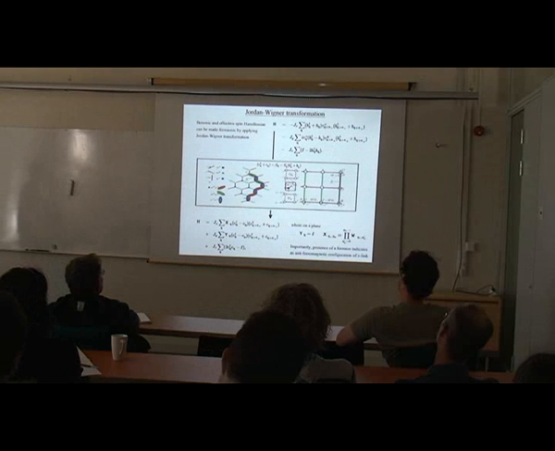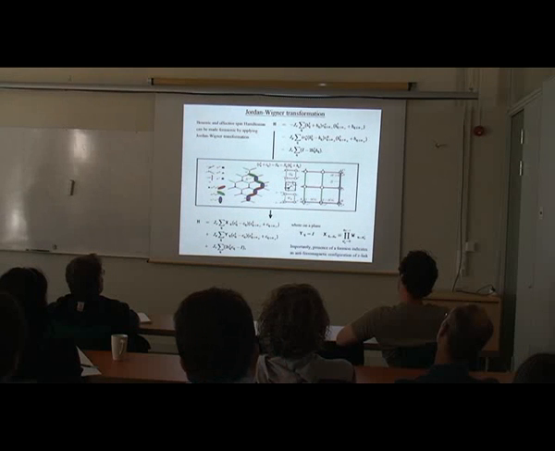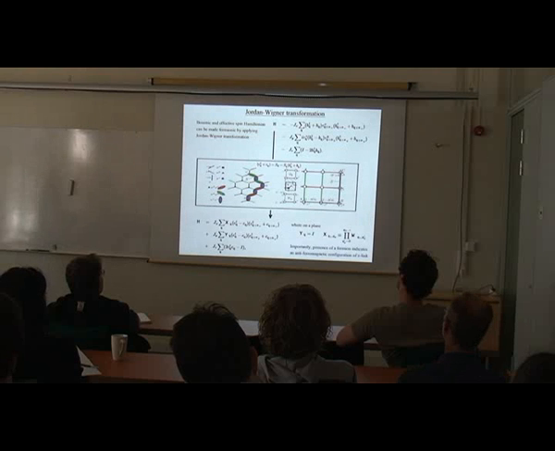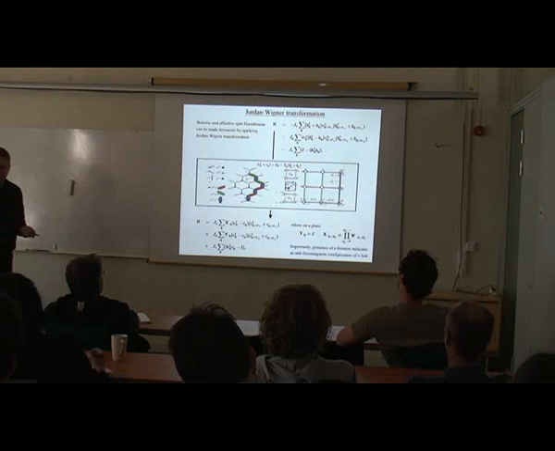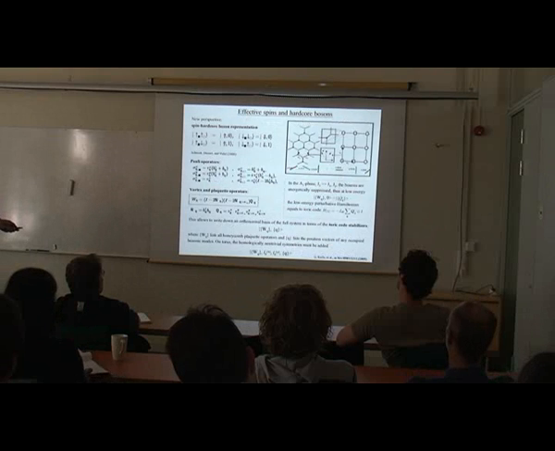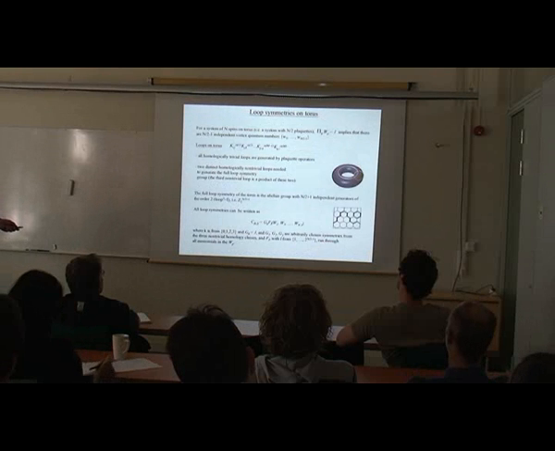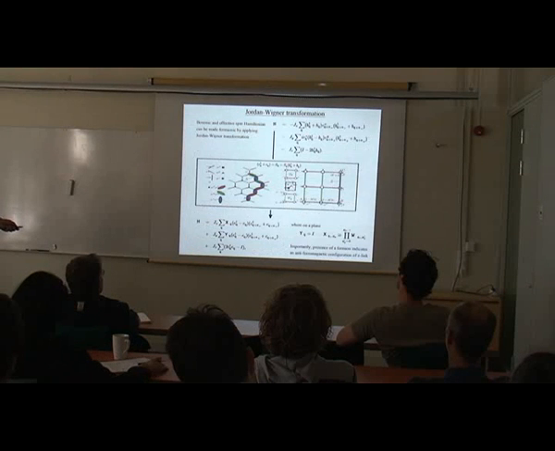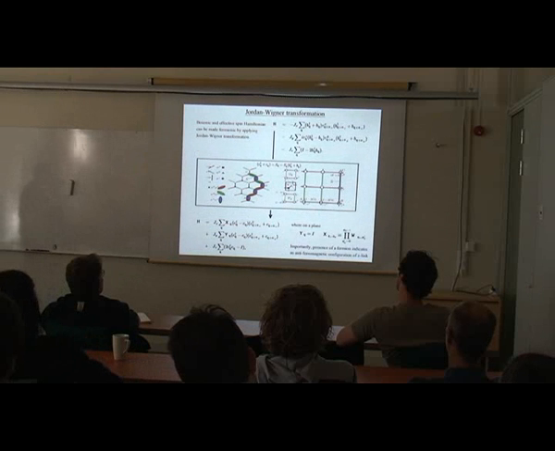Another step in our construction is the Jordan-Wigner transformation. We start with this Hamiltonian in the language of bosonic and effective spin degrees of freedom. So this is just a one-to-one translation. It's an exact map of the original Hamiltonian into the language of spins and bosons.